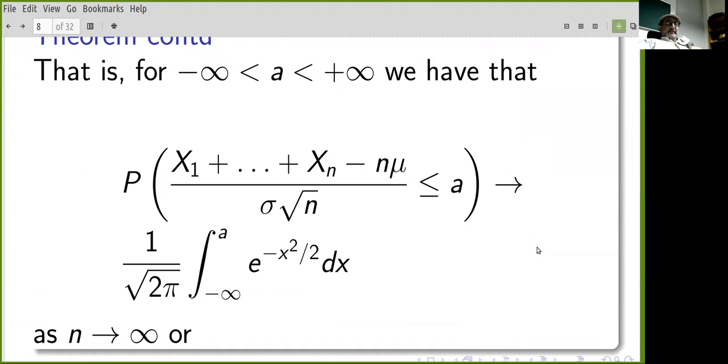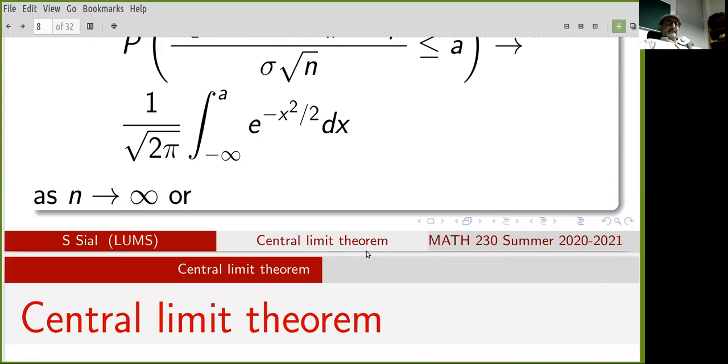So for some a, which could be any real number between minus infinity and positive infinity, the probability that the standardized variable is less than or equal to a goes to the CDF for the standard normal as n goes to infinity.